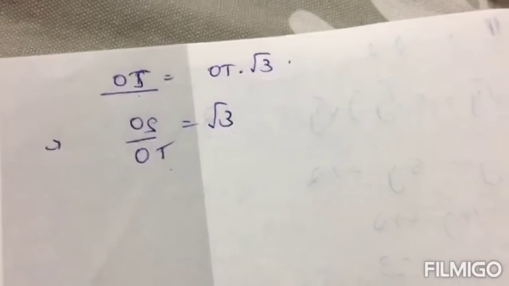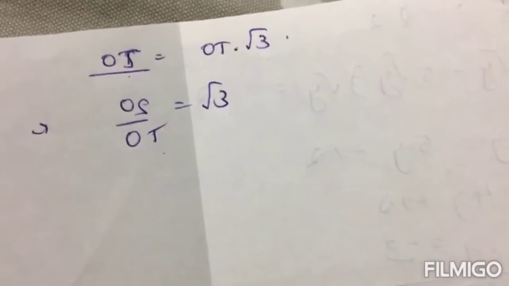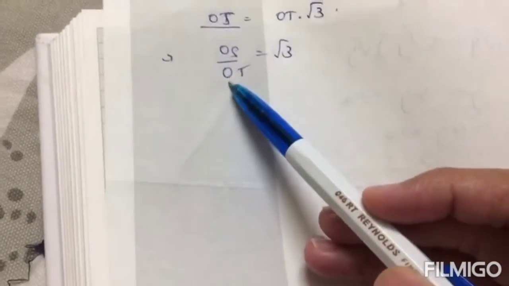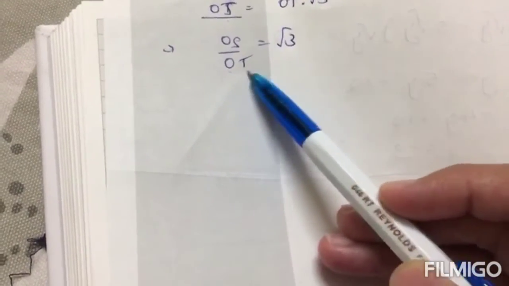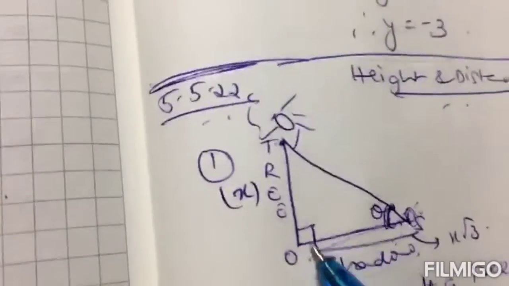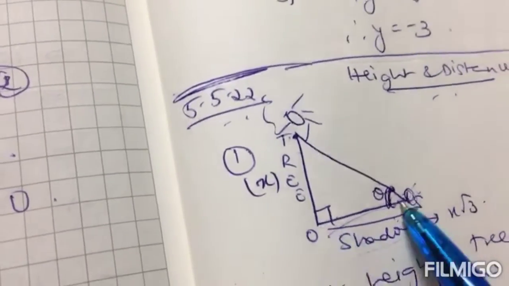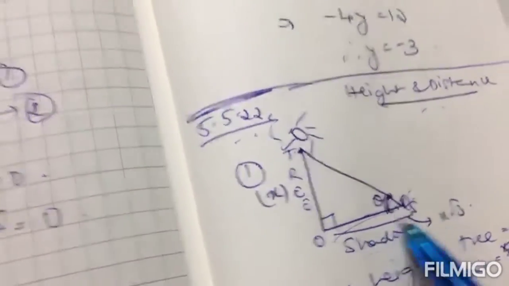Now we learnt certain formulae, right? Remember we talked about this. So we are given OS divided by OT. What is OS? Base divided by perpendicular. OT is the perpendicular. If you remember, this is the base, this is the perpendicular, and this is the hypotenuse. So we are given base divided by perpendicular is √3.